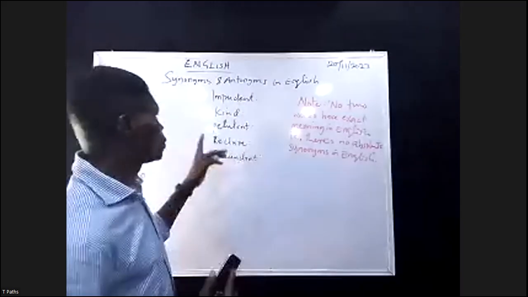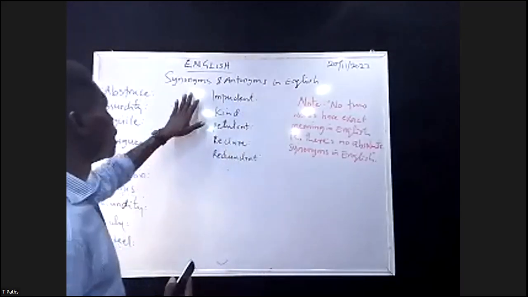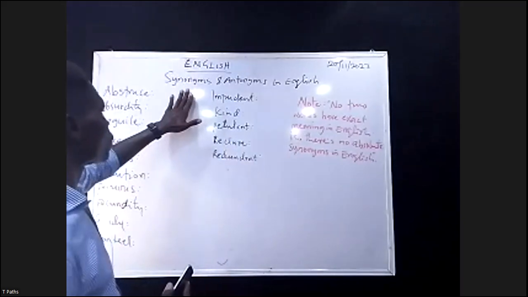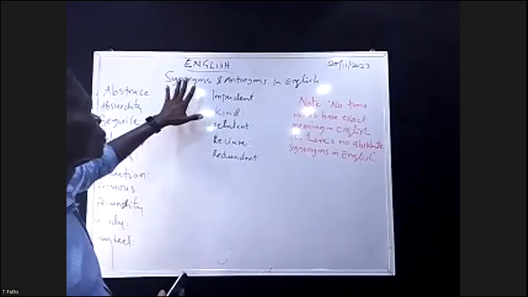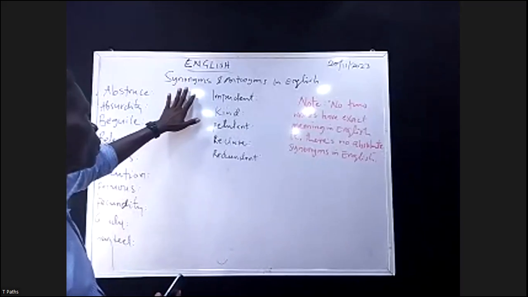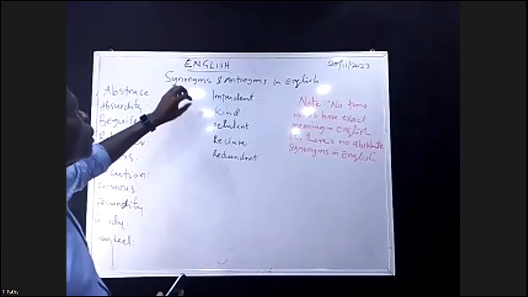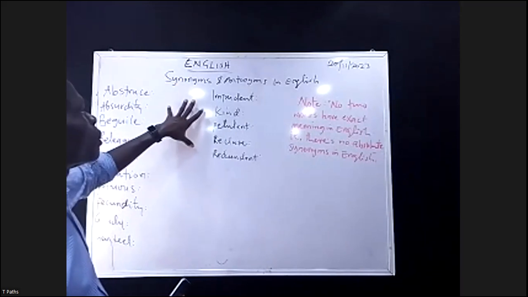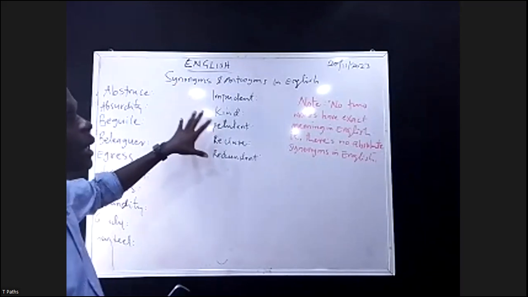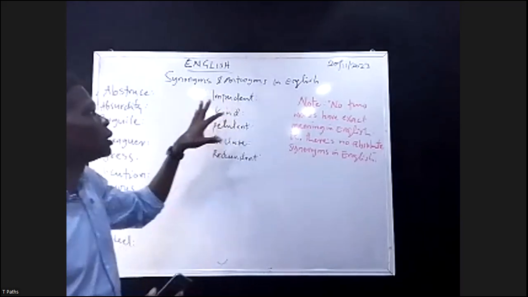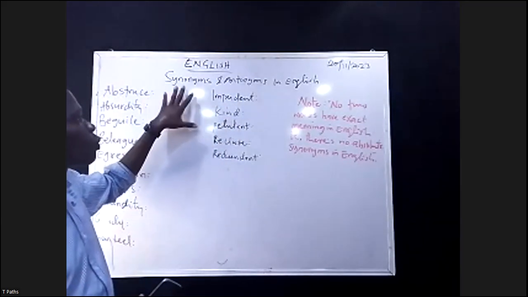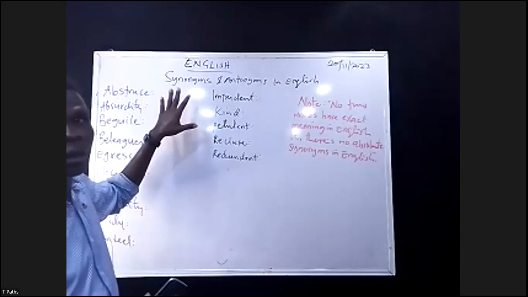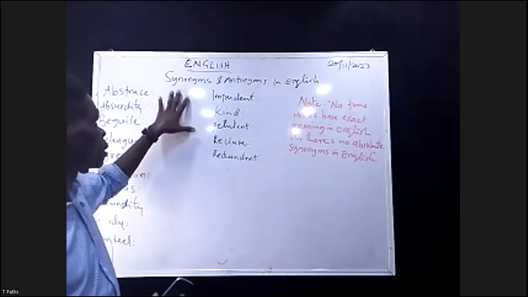The topic we have today is one of those areas that questions normally come out of in JAMB English. So in 2024, you that are about to write this examination, get ready to see questions coming from this aspect of English.